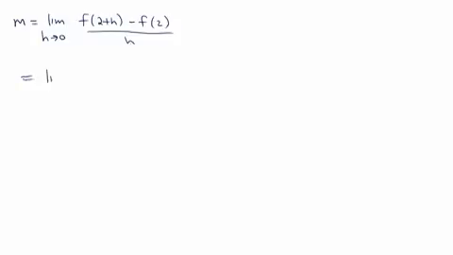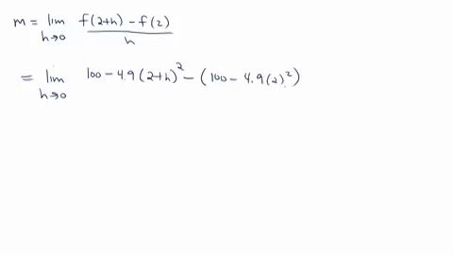This is equal to the limit as h approaches 0 of 100 minus 4.9 times the quantity 2 plus h squared, minus the quantity 100 minus 4.9 times 2 squared, all over h.